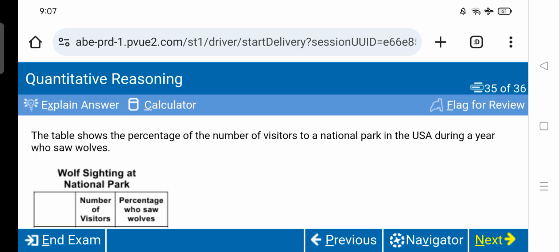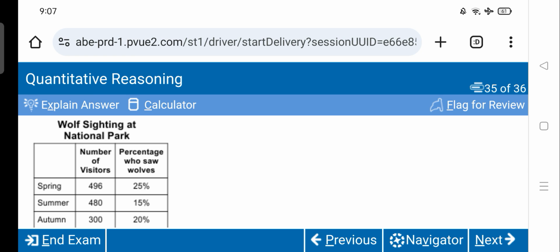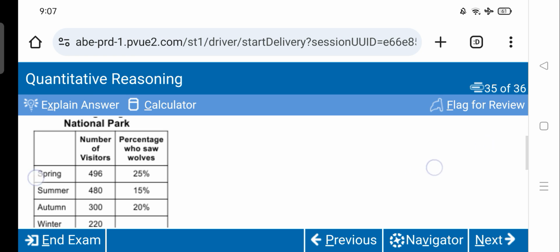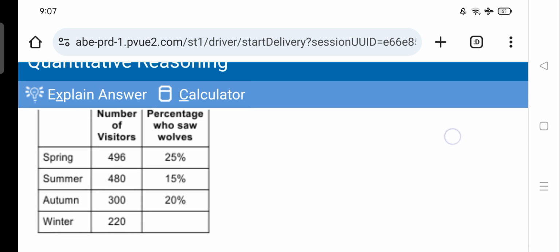Next we have the table that shows the percentage of the number of visitors to a national park in the USA during a year who saw wolves. Wolf sighting at national park, number of visitors, and then percentage who saw wolves.